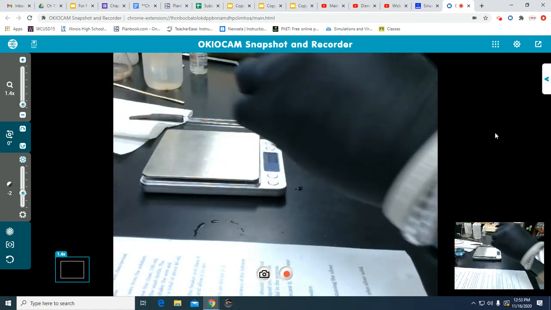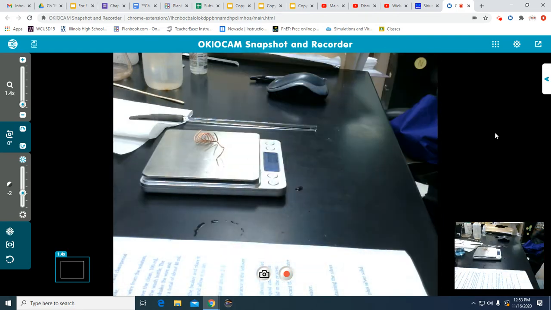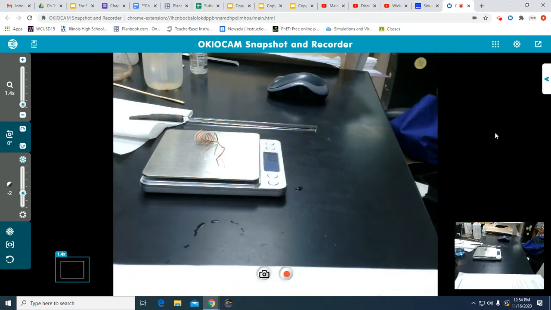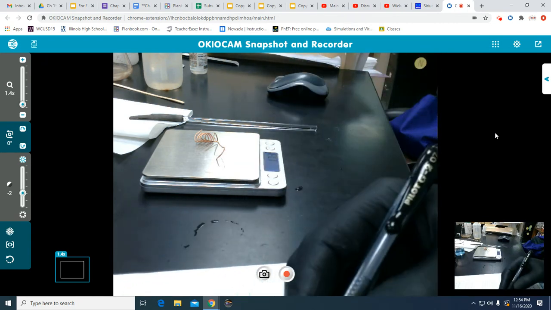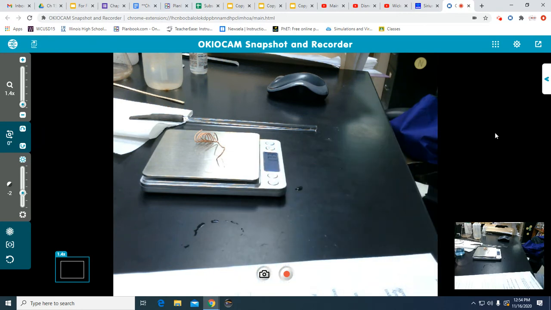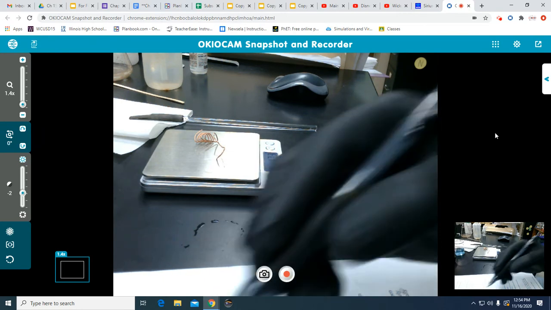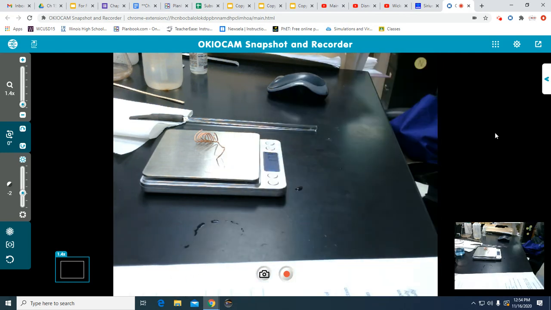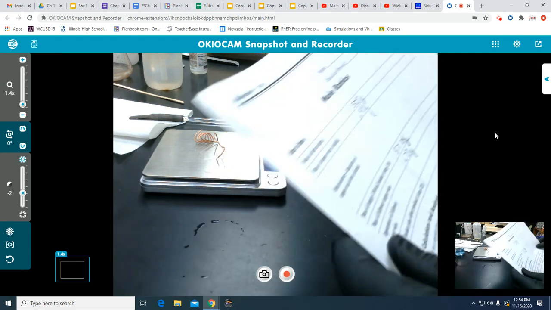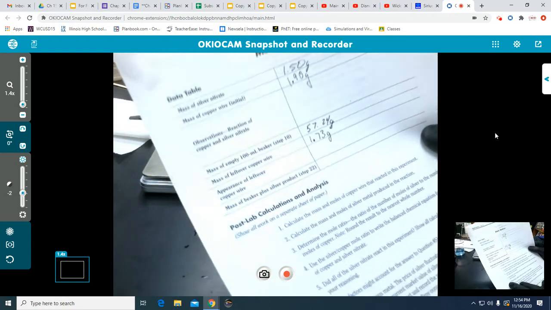All right, so let's weigh. Mass of leftover copper wire, which is directly below the 100 mL beaker, is 1.73 grams. I'm going to give you a hint.